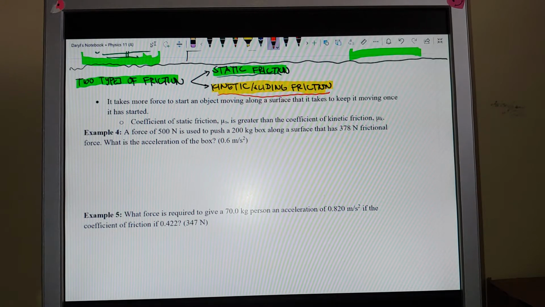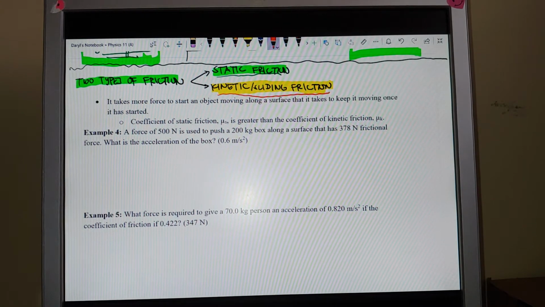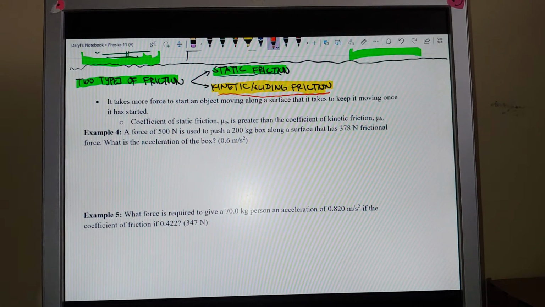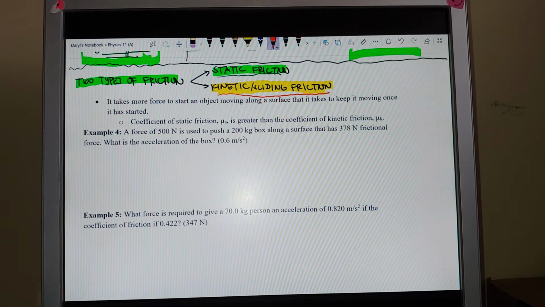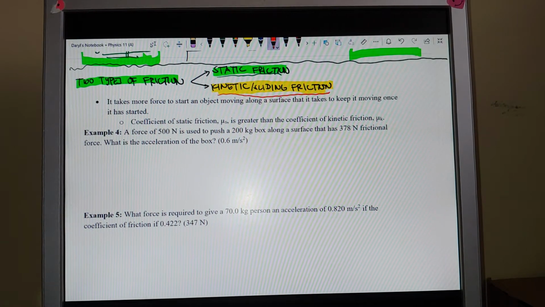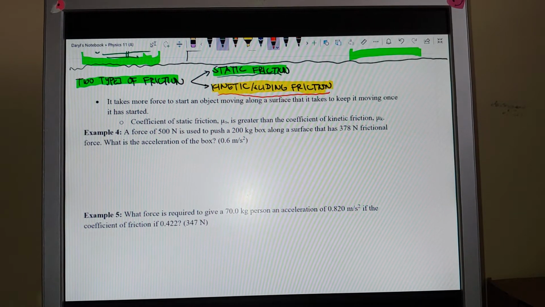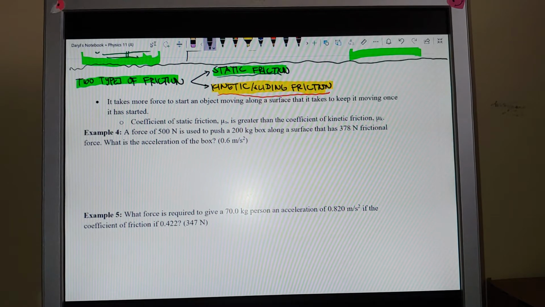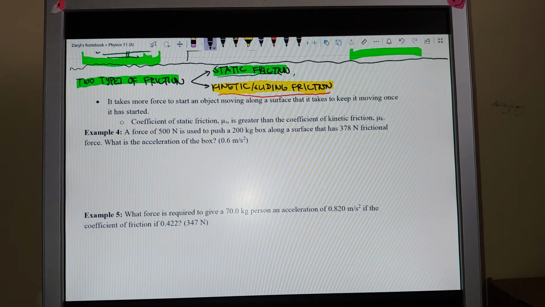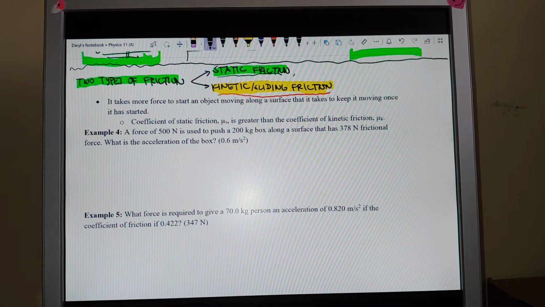So we're going to go directly to example number four. By the way, if you're asking for the expression for static friction and kinetic friction, it's the same as the friction expression.